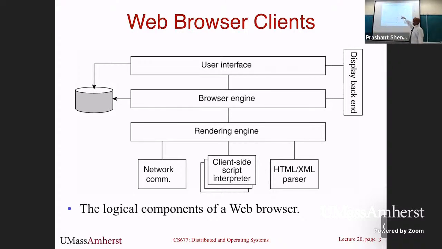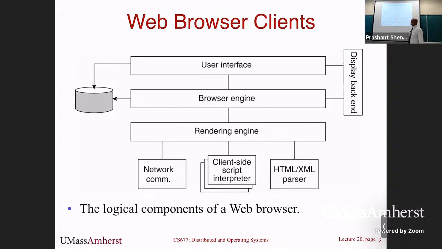There's a UI component for your browser. There's a browser engine, the part that's retrieving some of the content. There's a rendering engine that takes the content that has come, whether it's HTML, decides the layout, and can then embed images, video, and things of that sort. All of that is done by the rendering engine. Then there are other components that do network communication.